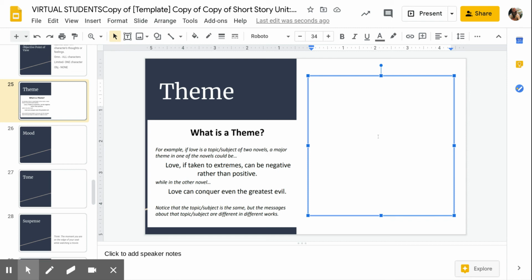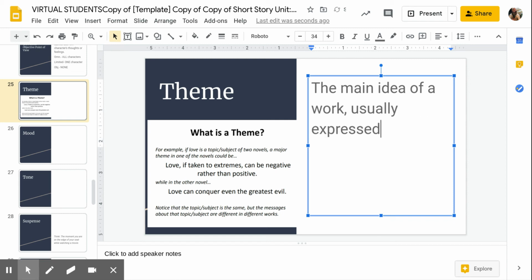Instead of just coming out and being strictly the main idea, they generally express it in a general statement about life. So that's what I'm putting for theme.